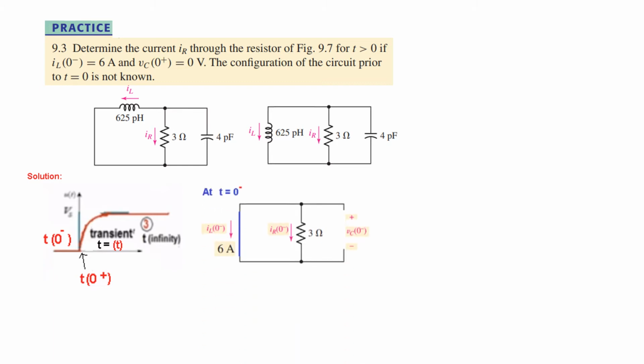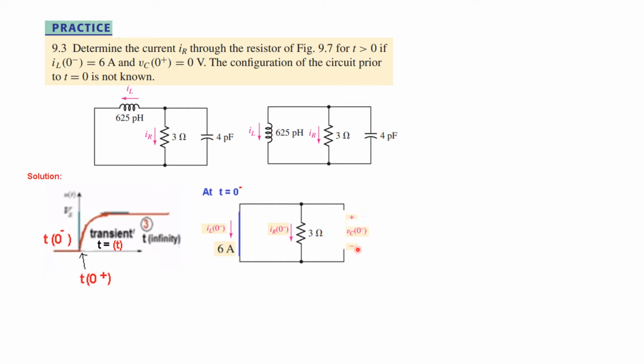Now for 0 minus, we are assuming that this circuit was stabilized for whatever supply was given to it. That means the inductor will be short circuit. We know the inductor for DC becomes short circuit, and the capacitor for DC becomes open circuit.